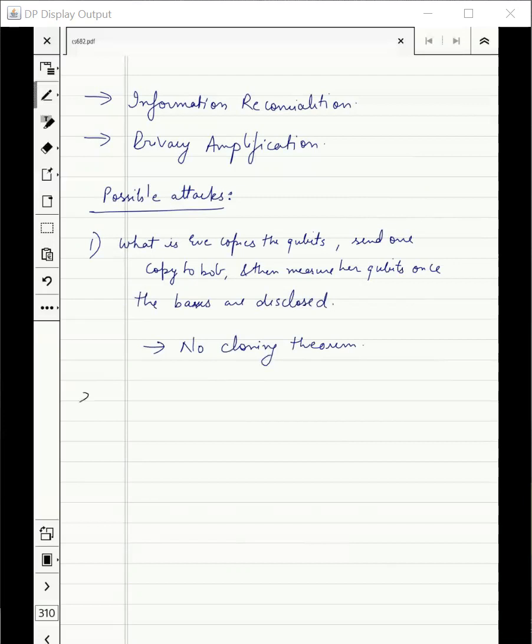Let's take another attack. What if Eve measures the qubits in a random basis, and then sends the measured qubits to Bob?